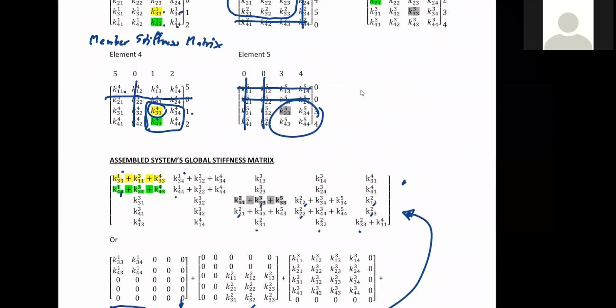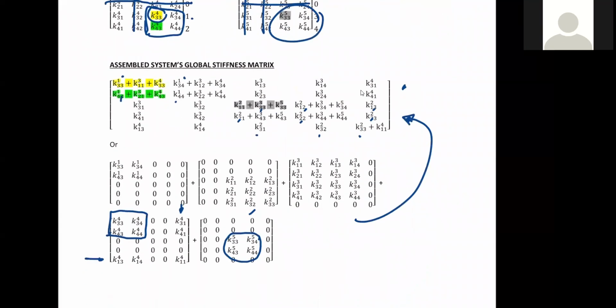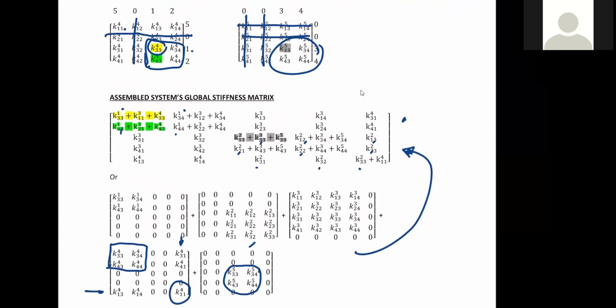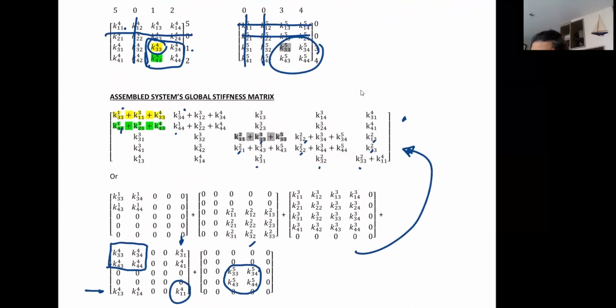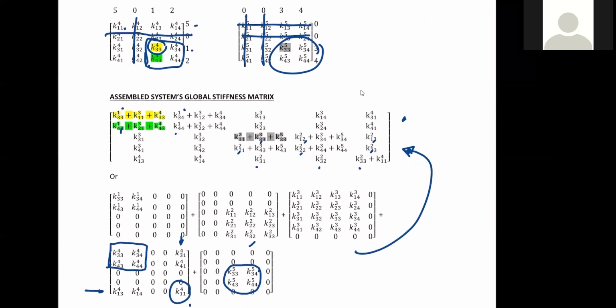Yeah, K11 of element 4. It's going to go to the 5th row here. We change the location. Oh, okay, I see. It's 5, 5, so it comes here. The number that shows is the location, right? Yes, exactly.